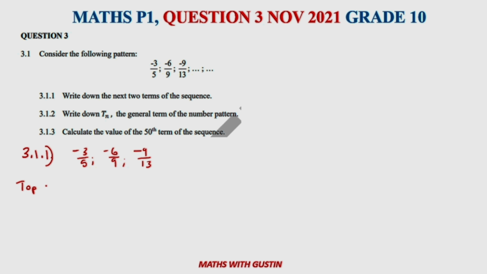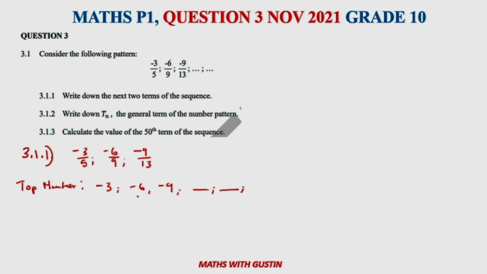By saying top, I'm referring to the numerator. So I'm only going to take the top part of the sequence, minus 3, minus 6, minus 9, and see what are the next two numbers, because they are looking for the next two numbers after this pattern.